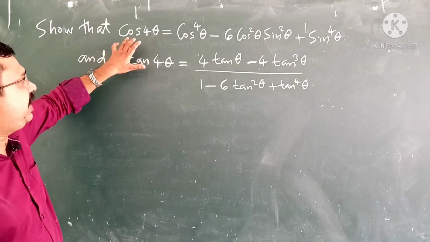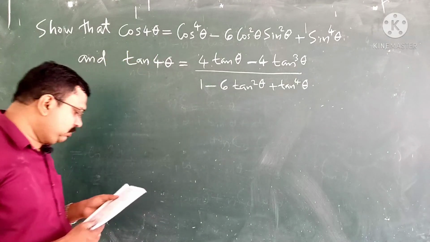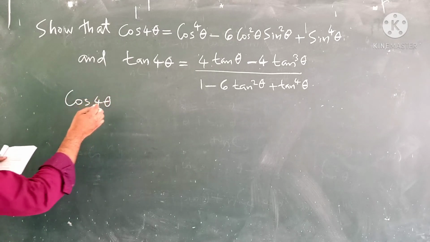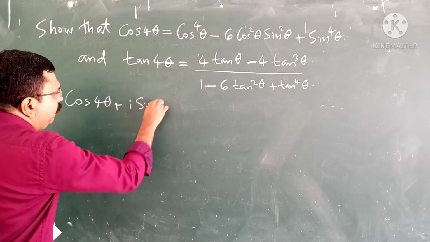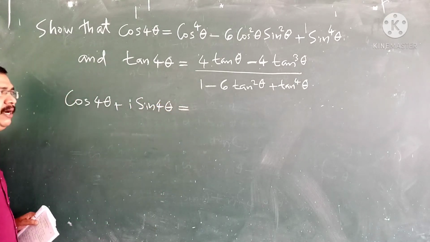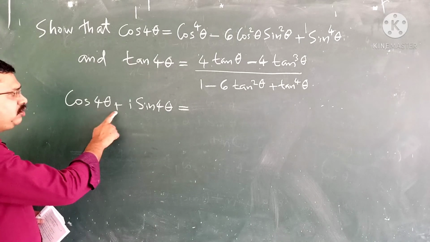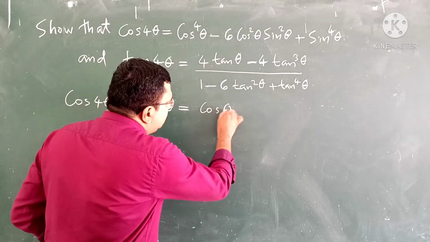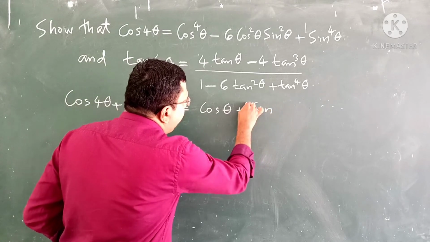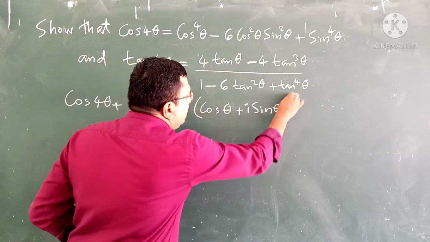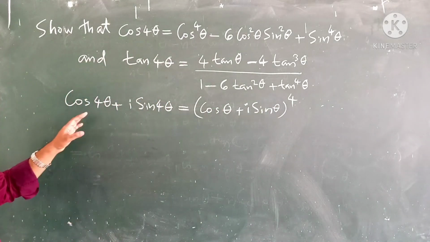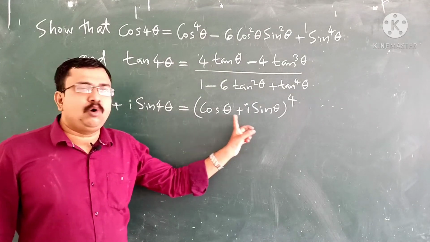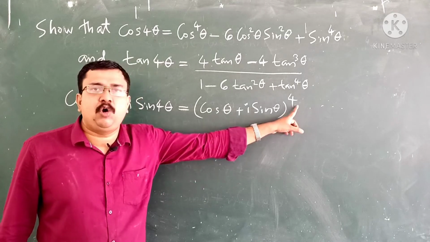First we want to find out the value of cos 4θ. For this purpose, we know that by De Moivre's law, cos 4θ plus i sin 4θ is equal to (cos θ plus i sin θ) the whole raised to 4.